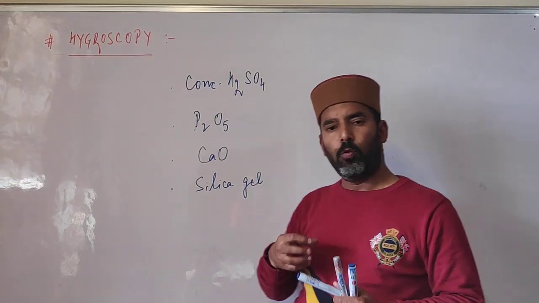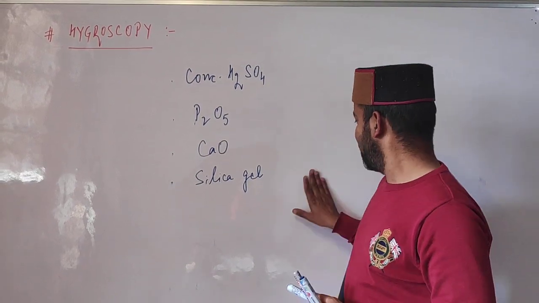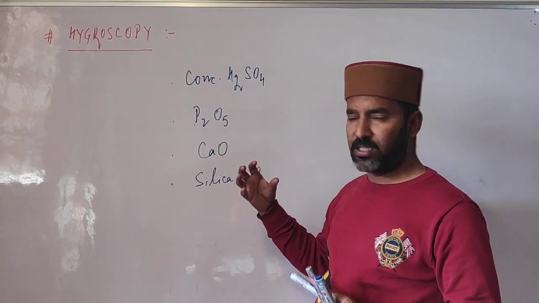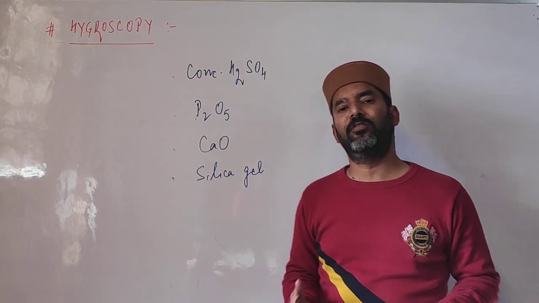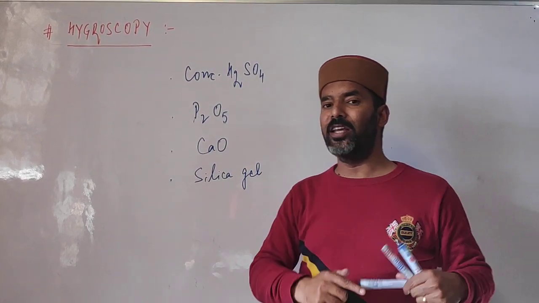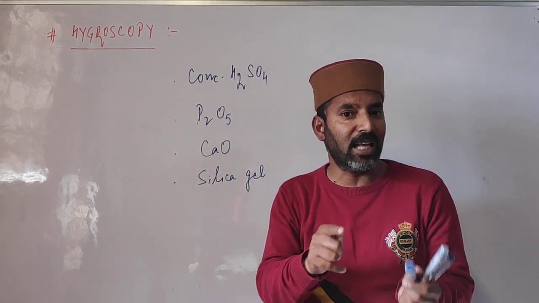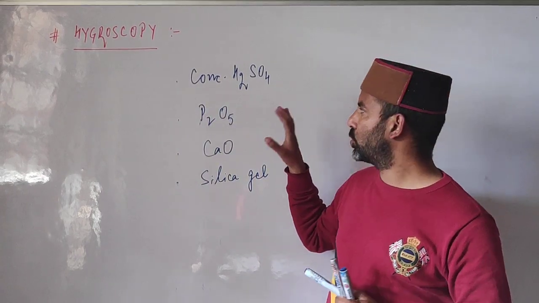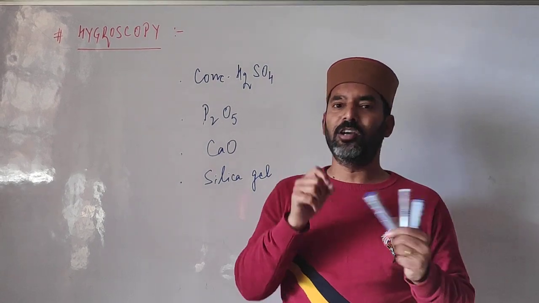Now students, what is the essential condition for hygroscopy? Only those compounds undergo hygroscopy, means they show this nature, which have greater affinity for water, or we can say that hygroscopy occurs only when the air has greater moisture content. That means air has greater vapor pressure than the salt. So students, this property is very useful in drying of gases.